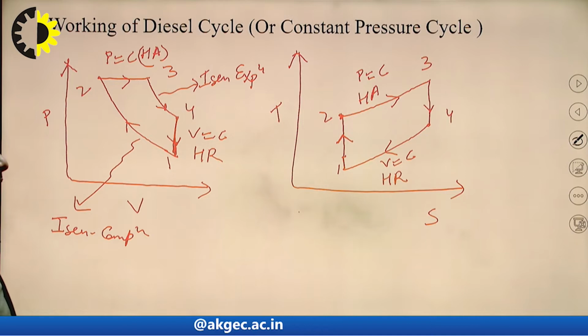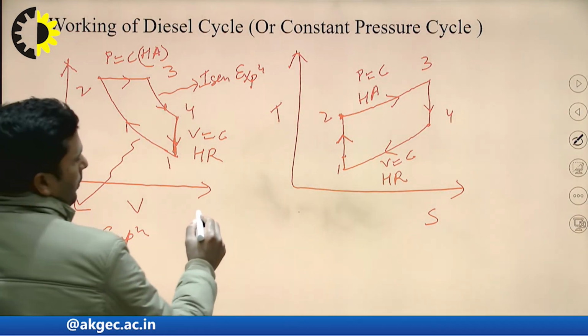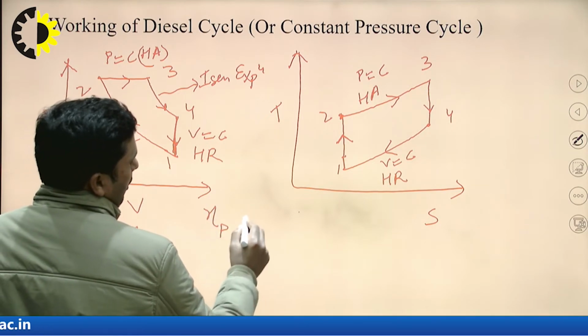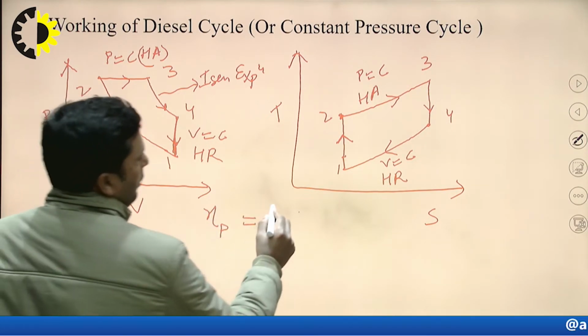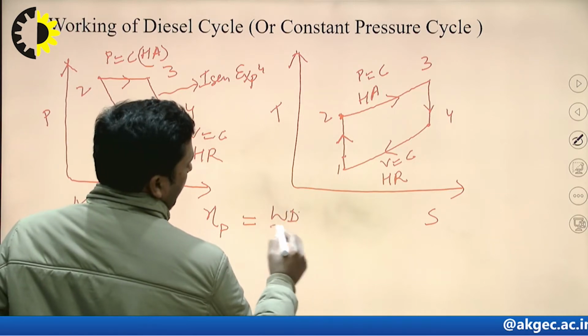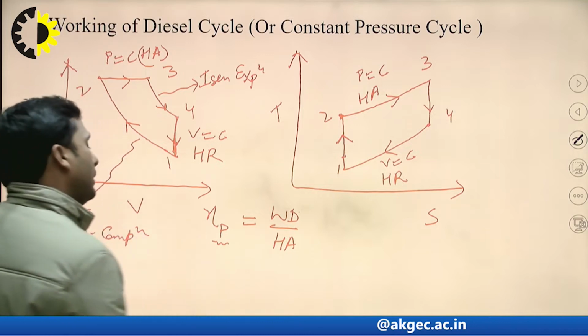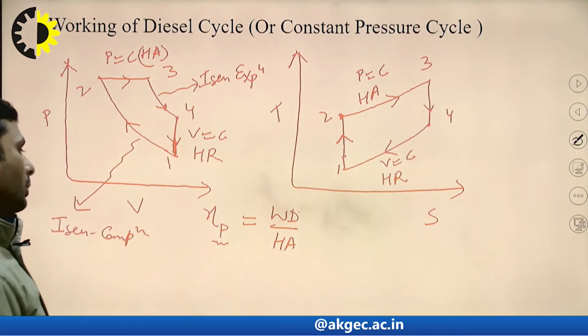Similarly, we have to calculate the thermal efficiency of the diesel cycle, and we know that the thermal efficiency of the diesel cycle is equal to work done upon heat addition. The suffix P represents that heat addition takes place at constant pressure.